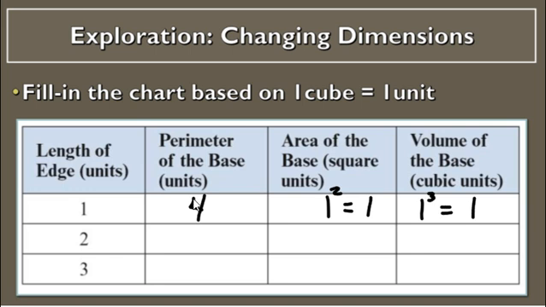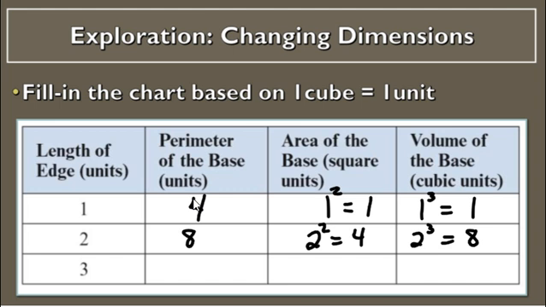What if we change the length to 2 units? Perimeter of a square, I have 4 groups of 2. So 2 times 4 would be 8. That would be our perimeter. The area of the base, that would be 2 squared, which is 4. And then the volume, each side is 2, that would be 2 cubed, which would be 8.